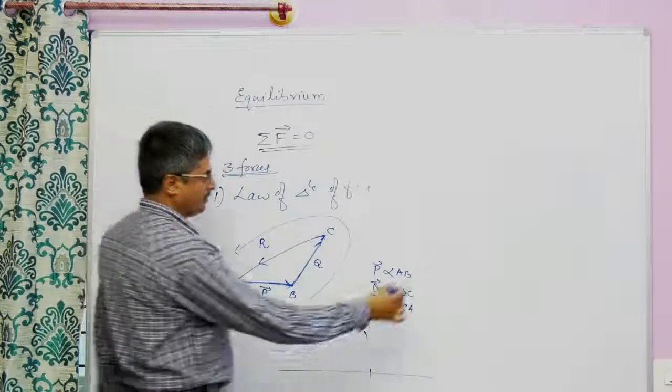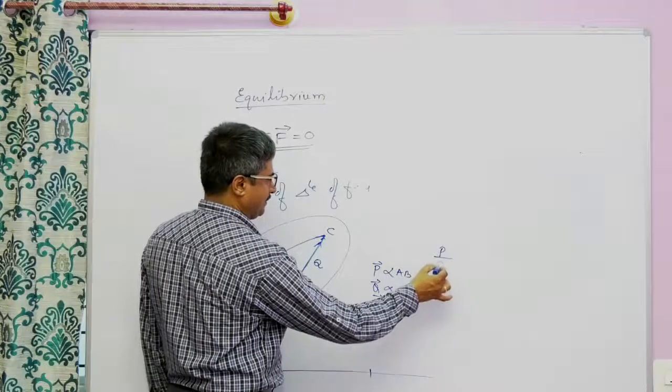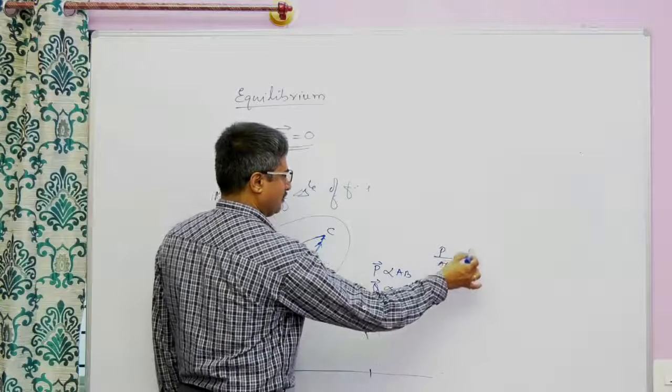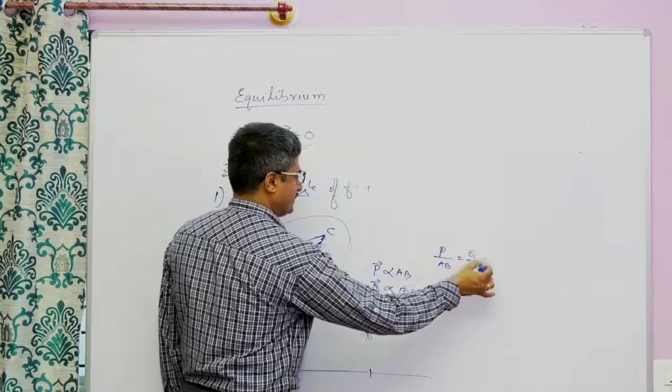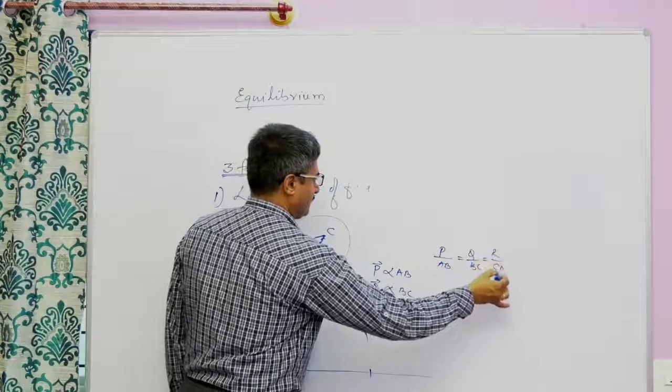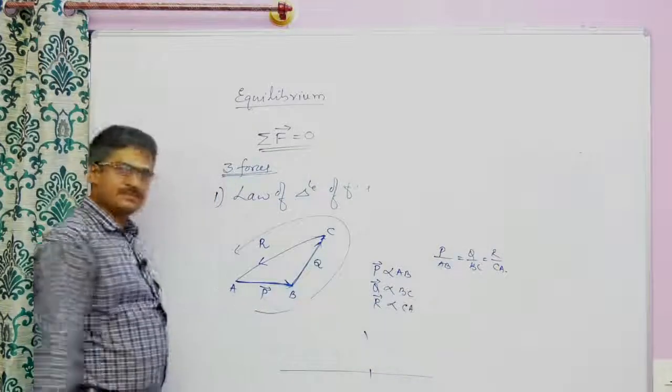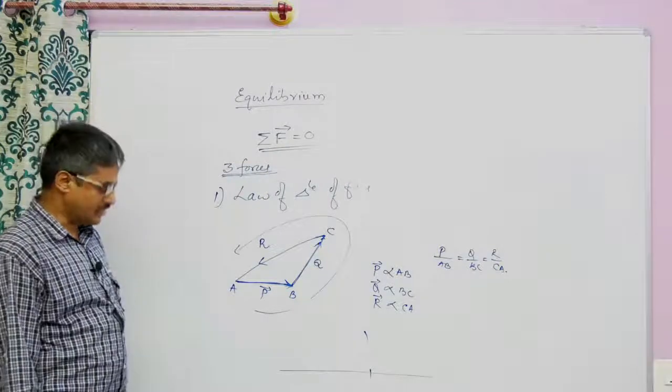Therefore, according to this rule, P by AB is equal to Q by BC is equal to R by CA. The converse of this theorem is also true.